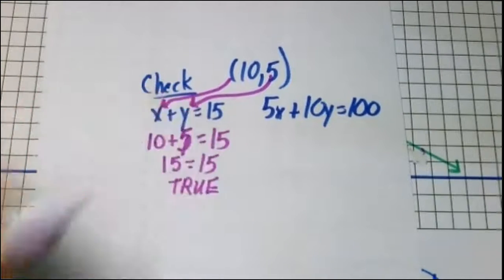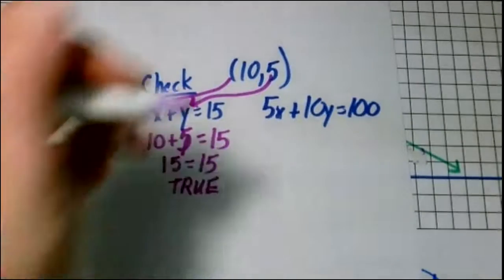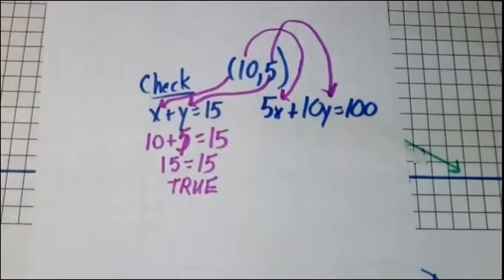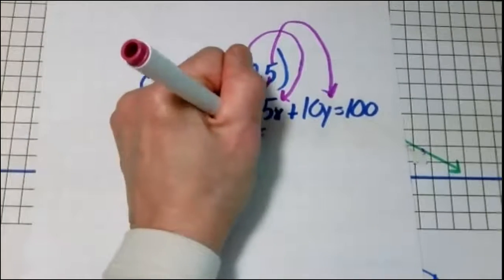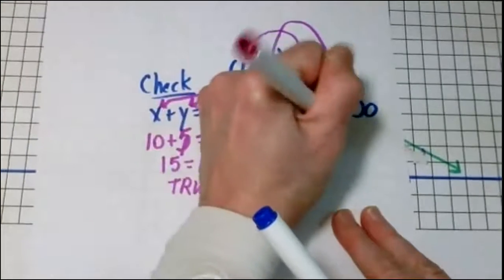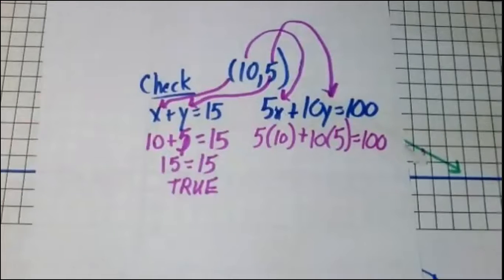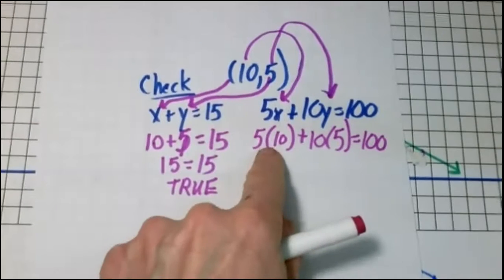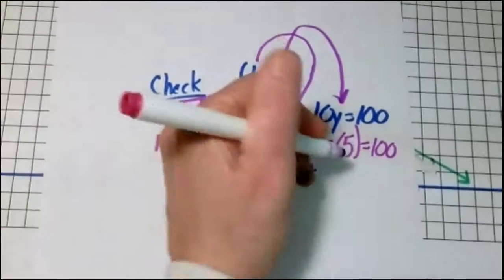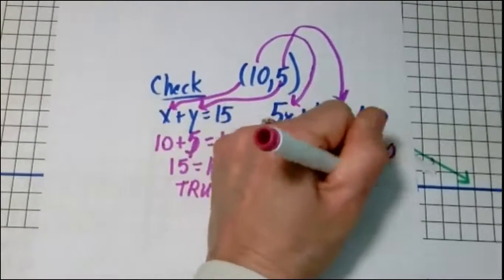They both have to be true in order for our check to work. So I'm going to plug 10 in for X and 5 in for Y. So I get 5 times 10 plus 10 times 5 should equal 100. Do the multiplying before the adding, order of operations. 5 times 10 is 50, plus 10 times 5 is 50, equals 100.